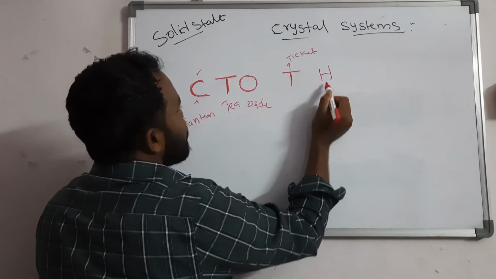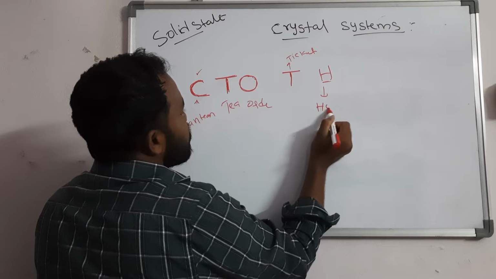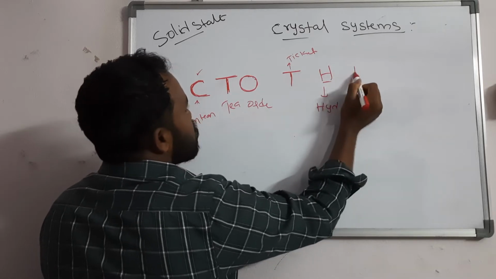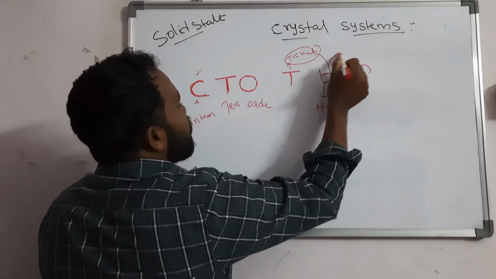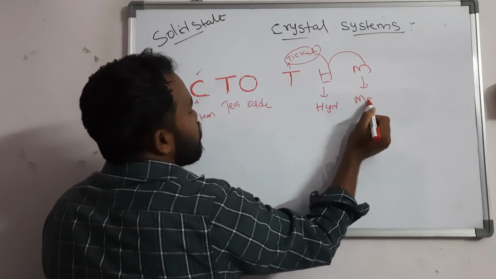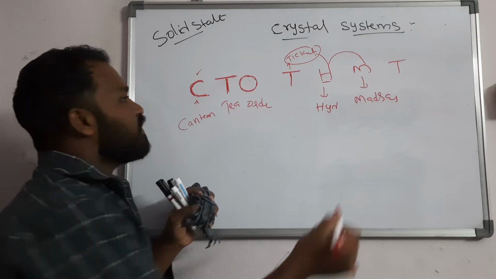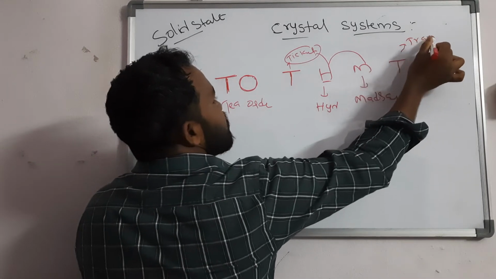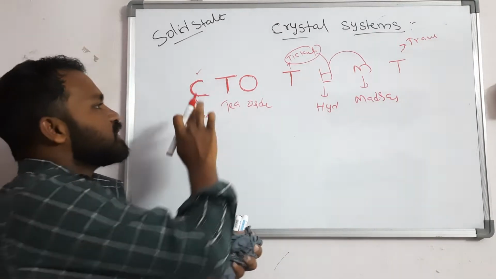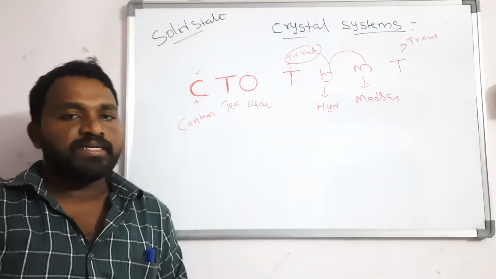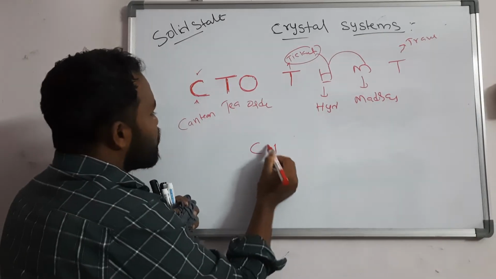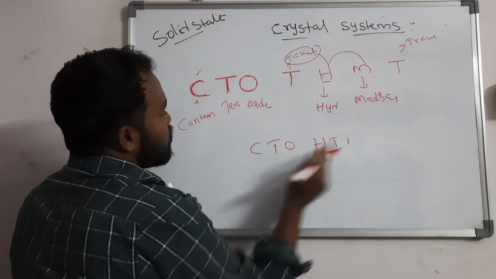H means Hyderabad to Madras. They took the ticket from Hyderabad to Madras, and then they traveled. For this, the code you should remember is CTOTHMT, otherwise CTOHTMT.